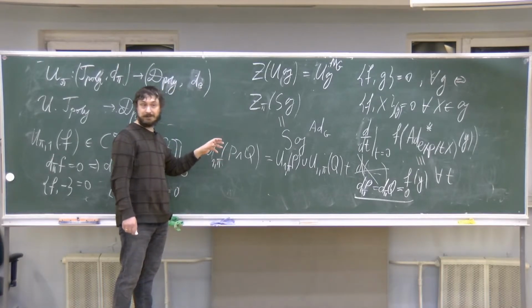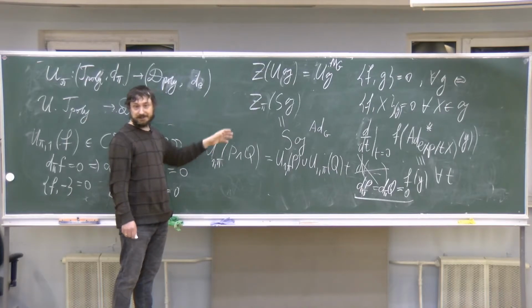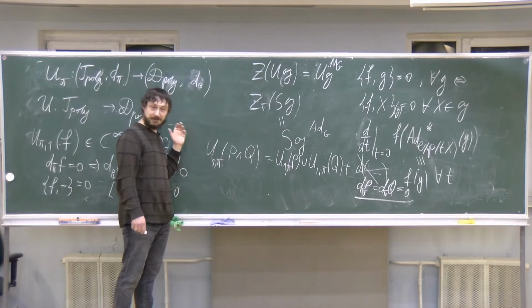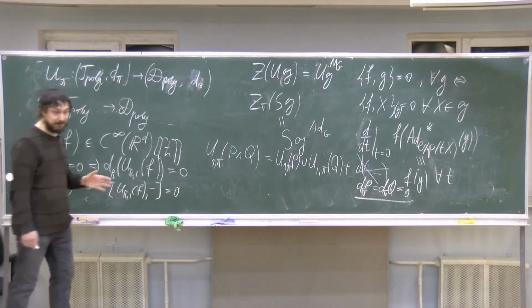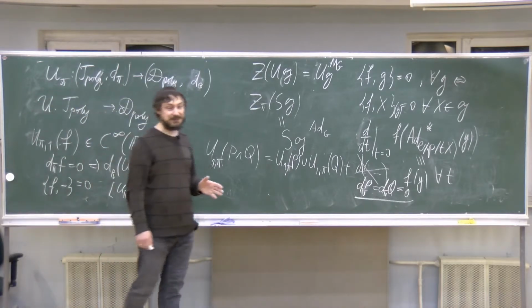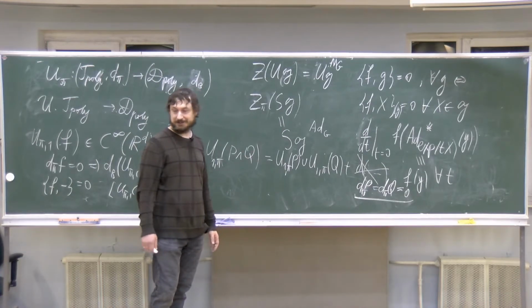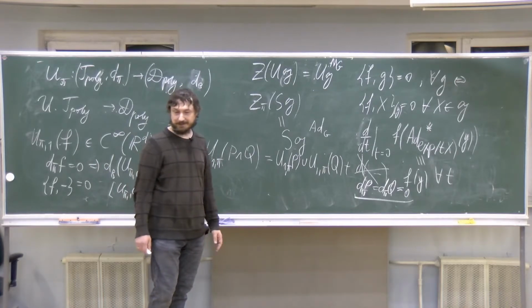Unlike Duflo, which was based on an elaborate study of Kirillov integrals over orbits, this comes absolutely naturally just from the L infinity morphism with an additional property. And the fact that you can actually compute the coefficients is even more interesting in my opinion. But I'm not going to talk about the coefficients now. I'm running out of time. I think it's better to stop here.